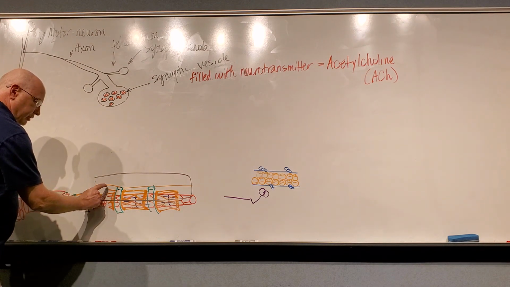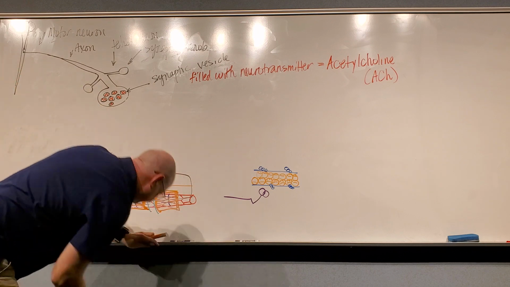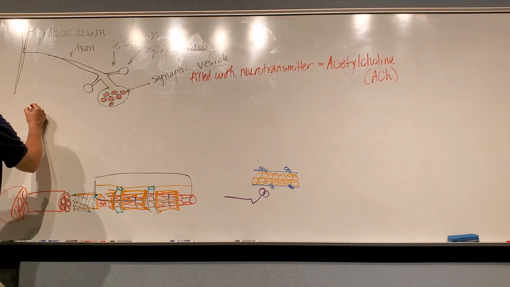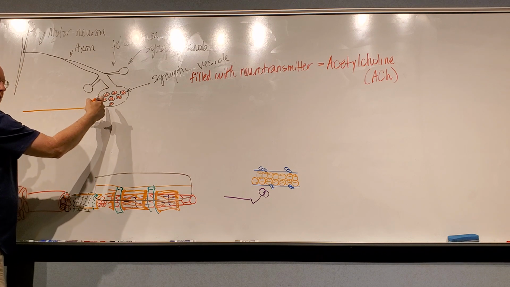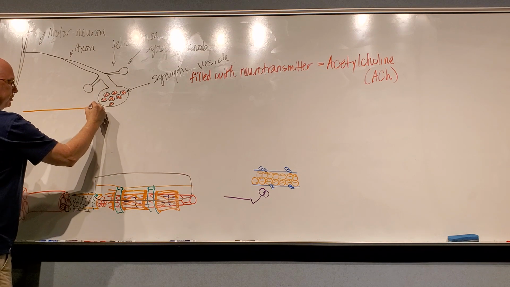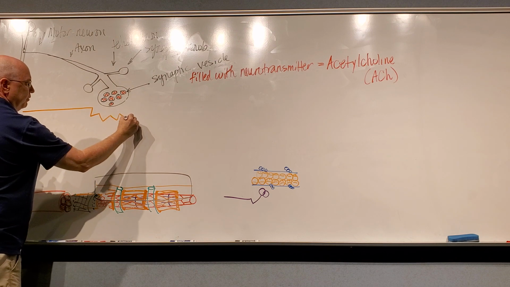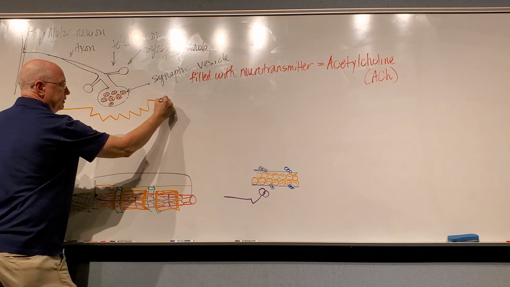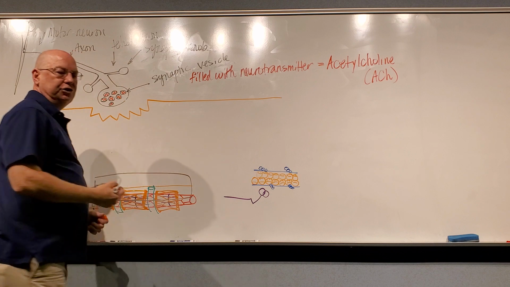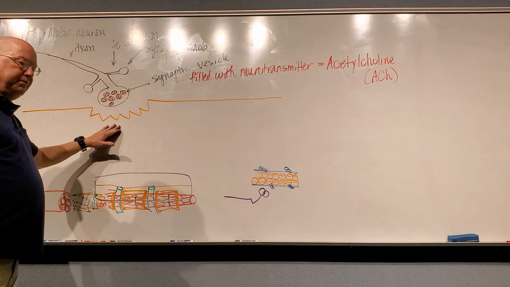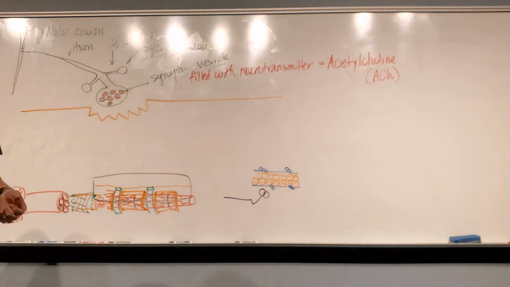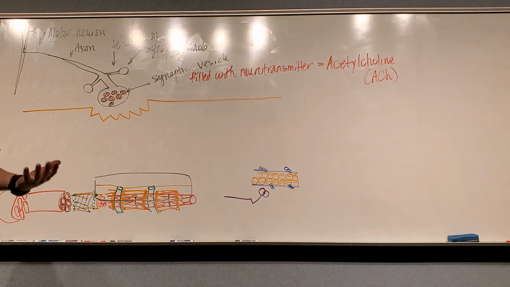So if I started to draw this cell membrane here, it turns out that the cell membrane cruises along like this, and wherever a neuron is going to form a neuromuscular junction, the membrane gets a bunch of folds in it. Now, one of the things that you should know from early in the semester is that anytime we see folds in a membrane, like with microvilli, it increases the surface area.